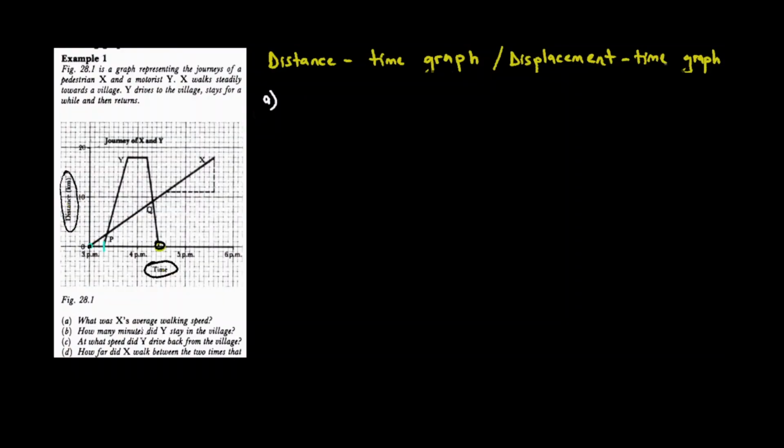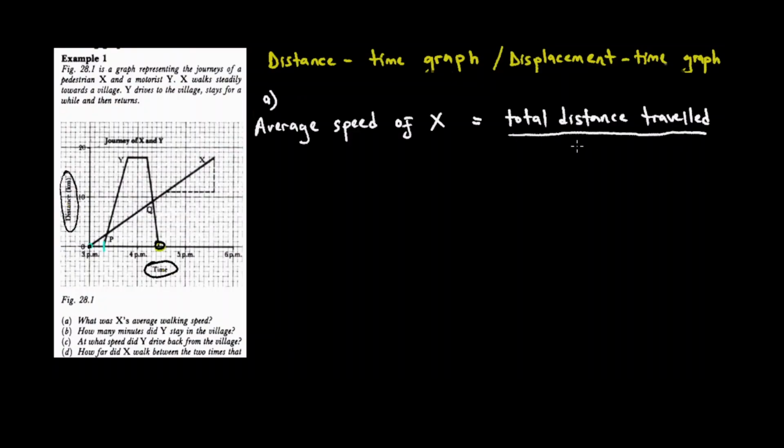Average speed of X is equal to total distance traveled over the total time taken.